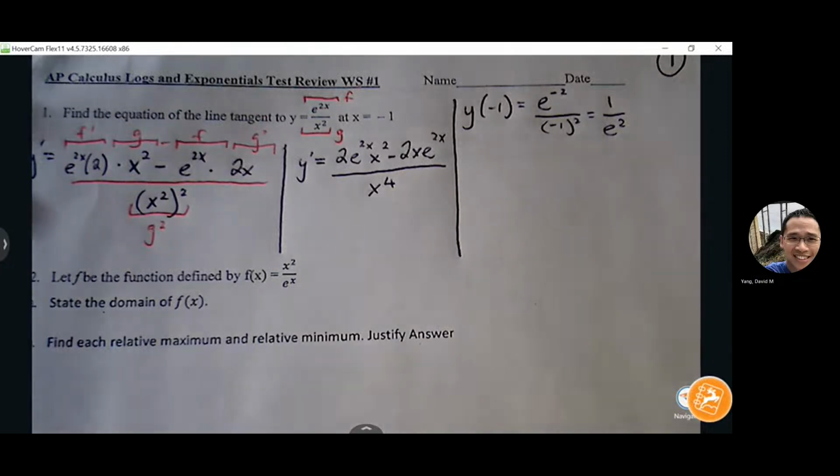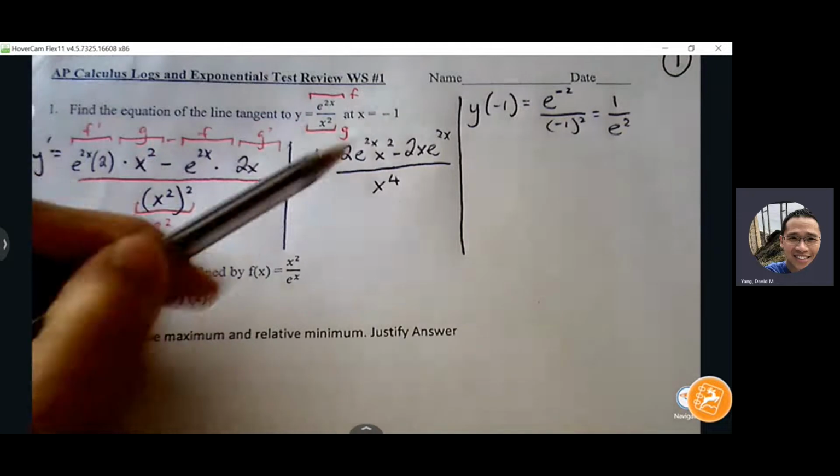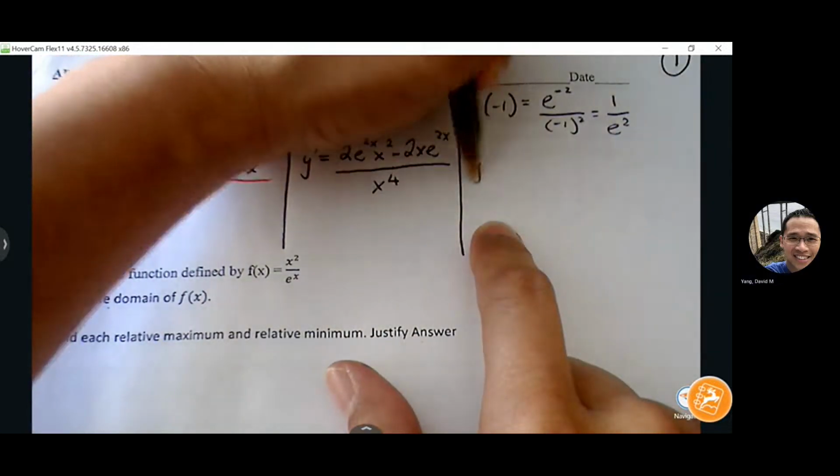So we have our ordered pair. We can also find our slope. Slope comes from the derivative, so we can just take the -1, insert into y prime.